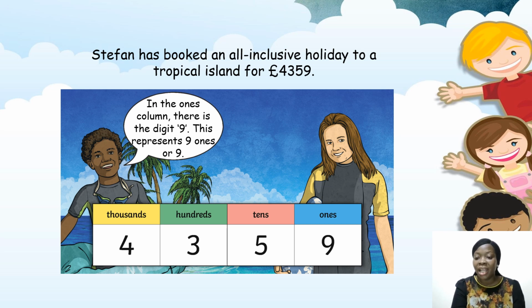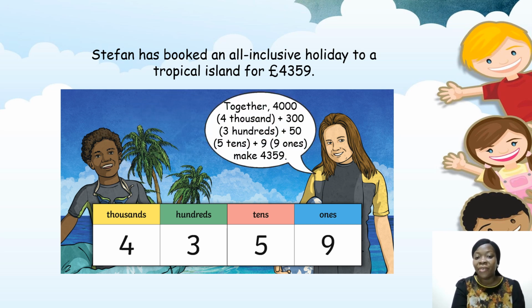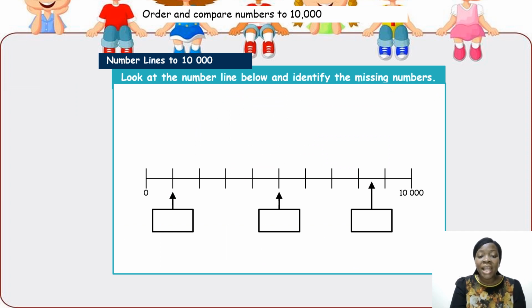This represents 9 ones or 9. So the place value chart helps us to know the place value of each digit in a given number. Together we have 4,000 plus 300 plus 50 plus 9, and that makes 4,359.